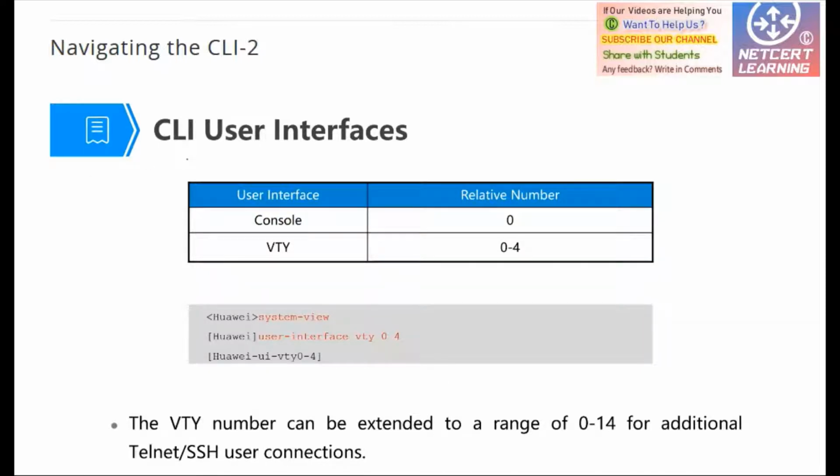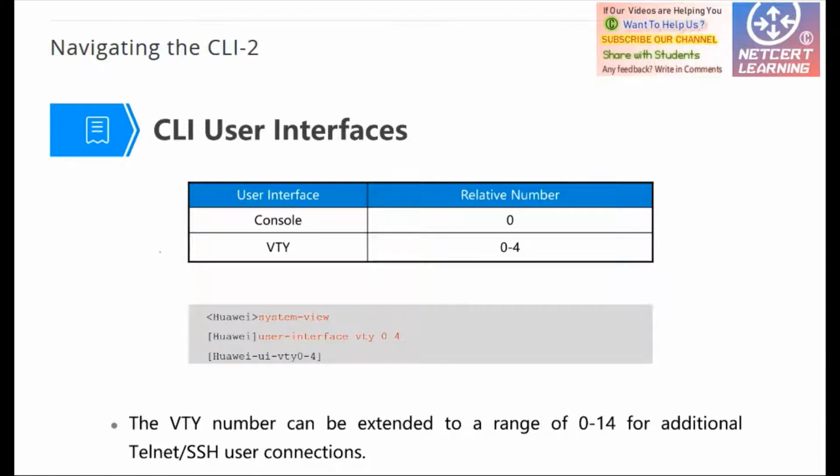In the previous example, we only used the console interface, the console connected to the device. That is the initial command line interface when we configure the device, but there are other command line interfaces. The most widely used are Telnet and SSH.